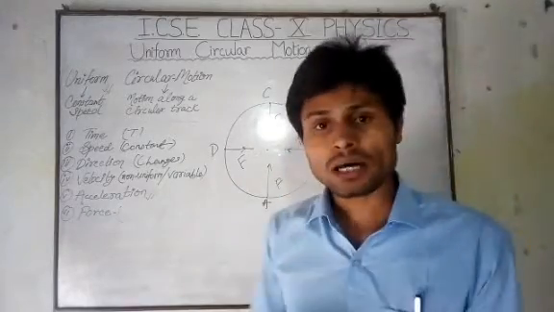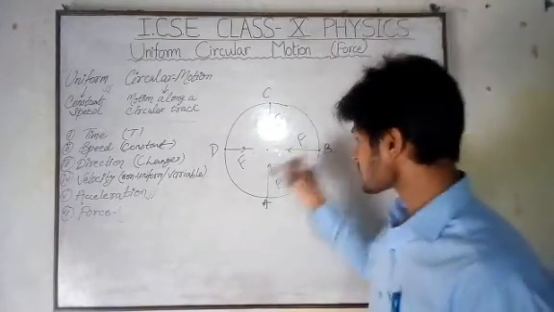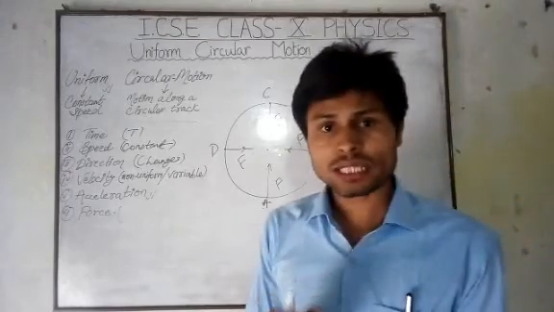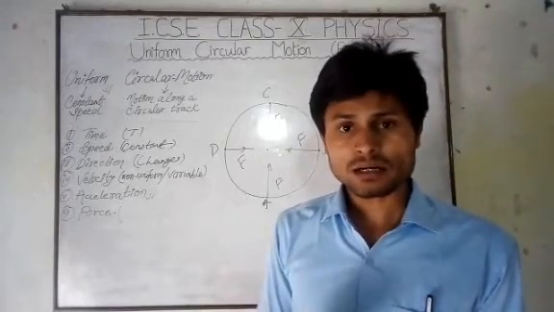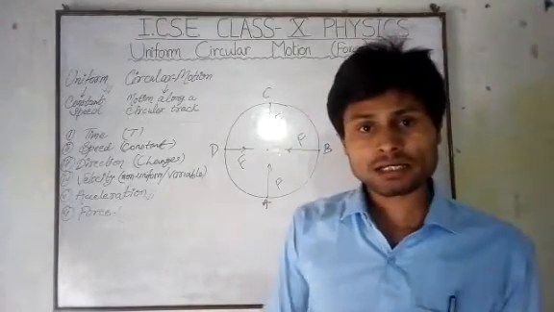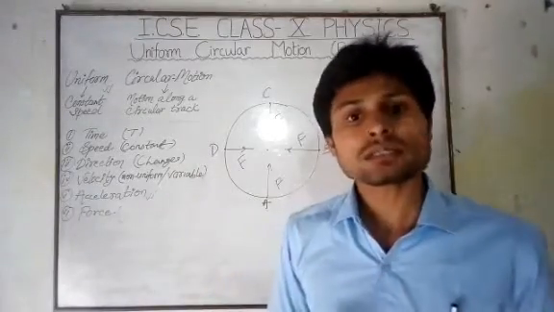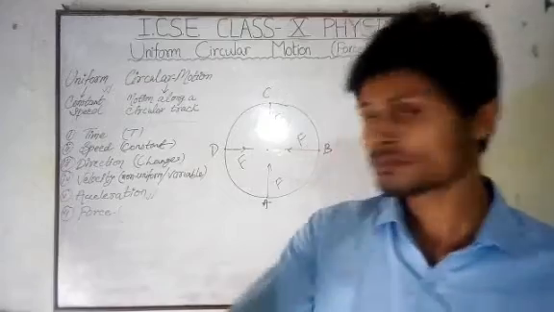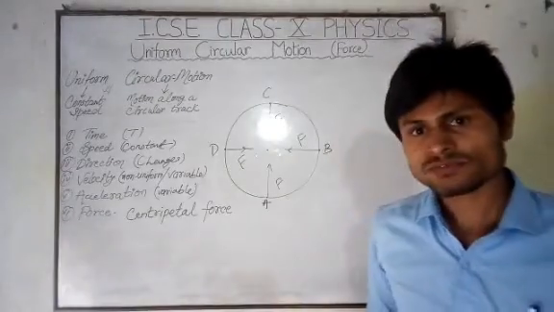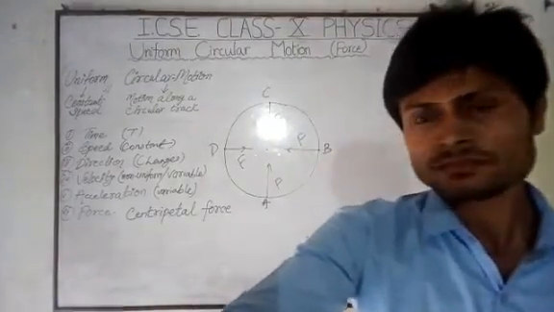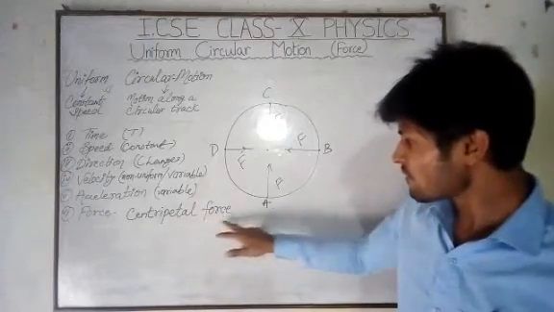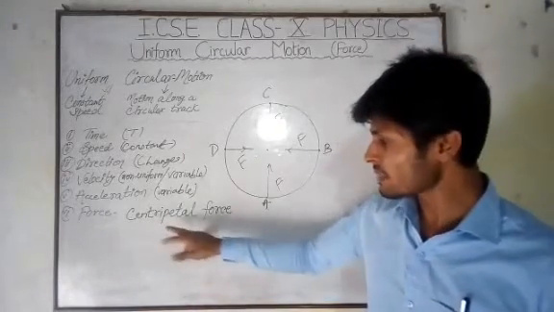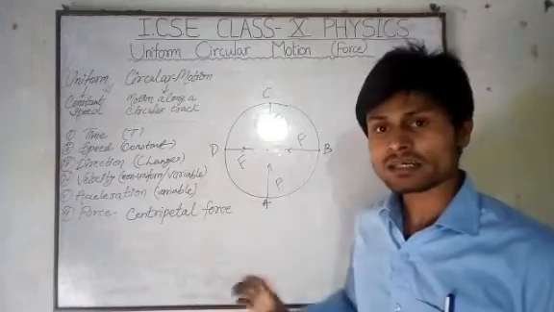So what do we call this force that acts toward the center, the force that seeks the particle toward the center and maintains it to revolve around this circular track? This force is called centripetal force, which means center seeking force.